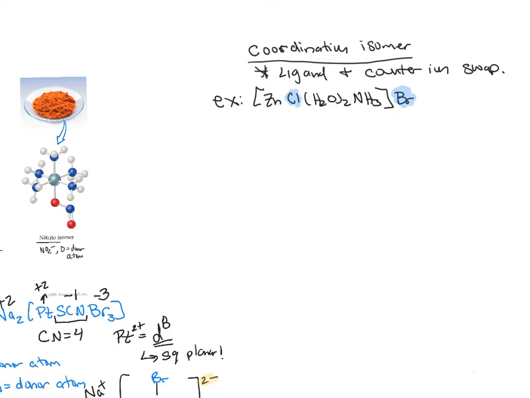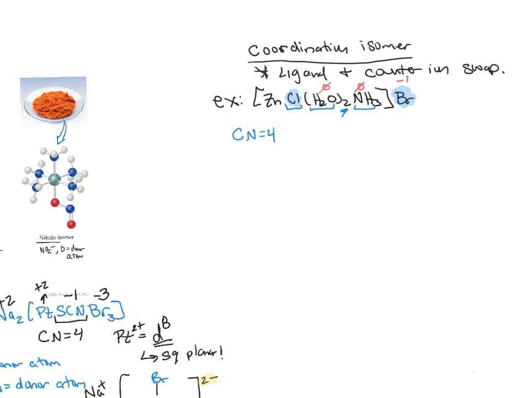So let's figure out my coordination number. I know my coordination number in this case is 4, because I recognize 1 chloro ligand, aqua, and I've got 2 of them, and ammine. So my shape is either square planar or tetrahedral. I have to figure out the d electron count of my metal center, which is zinc. I know my bromide anion is -1.